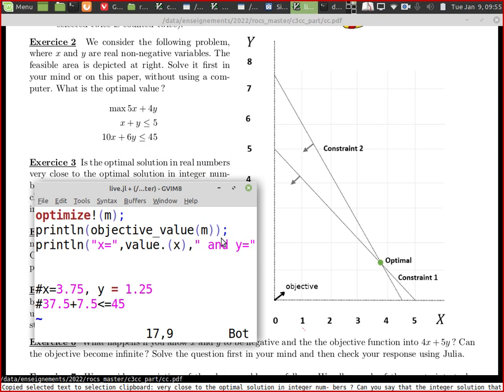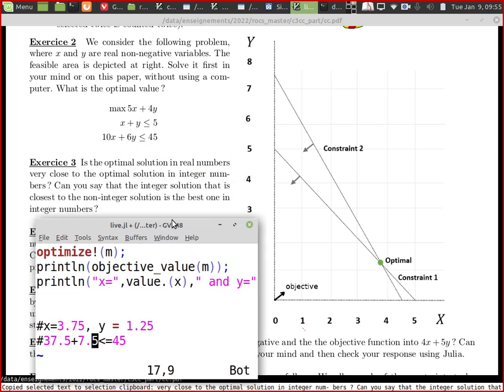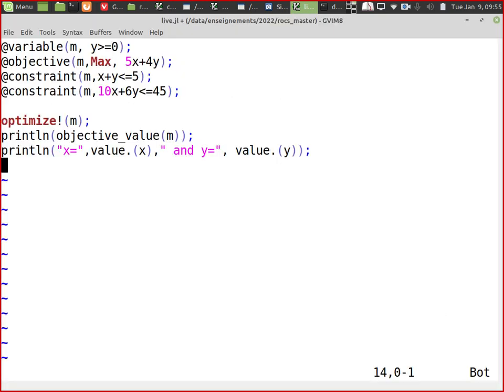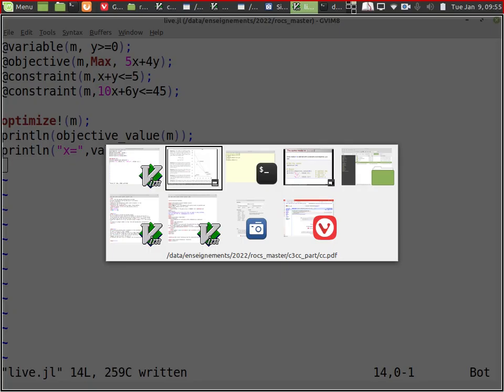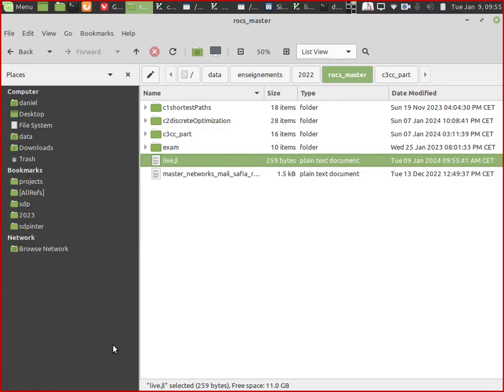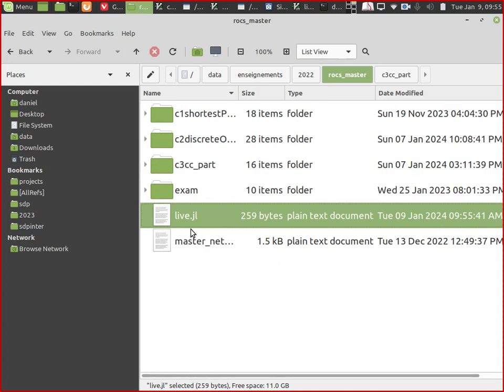So this is how you can write a Julia program to solve a simple problem. Okay. Can you repeat please how you execute the program? Yes. I have here a file called live.jl, because it's the program that I write live.